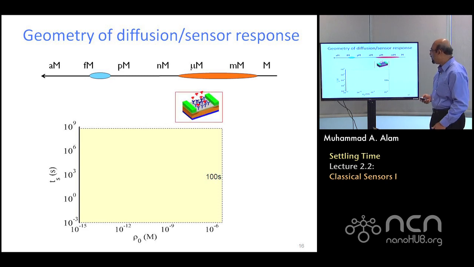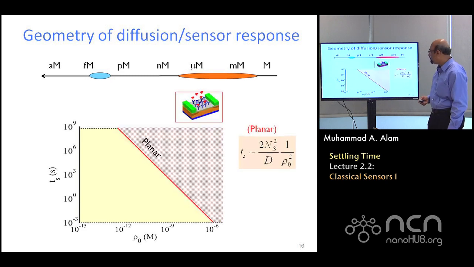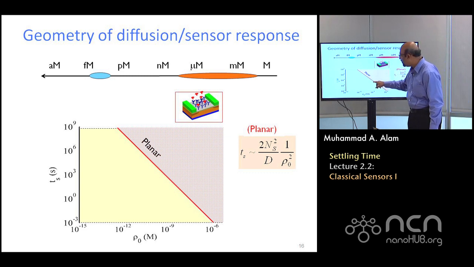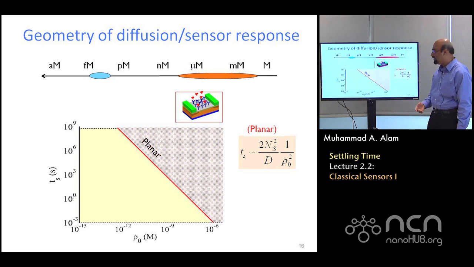Now, you may remember that for a planar sensor, I have the settling time going as 1 over rho squared. If you take the log on both sides, you will see the slope will be -2. If you have higher density, of course your settling time will be low. You'll be able to detect something within a second if the density is high.